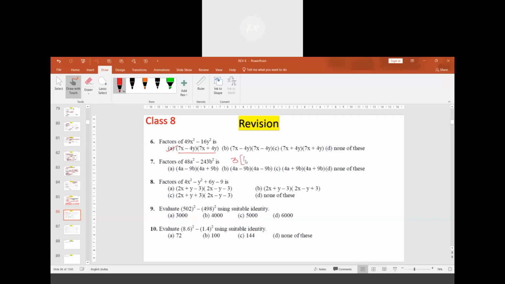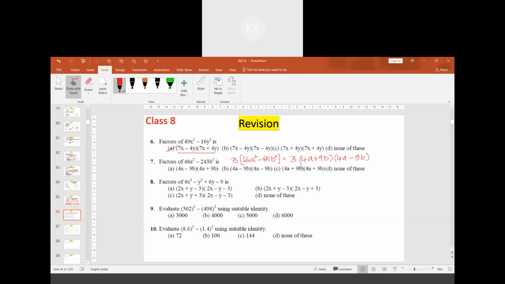We get 16a square minus 81b square. This can be written as 4a whole square minus 9b whole square, which is 4a plus 9b into 4a minus 9b. A square minus b square, x square minus y square is x plus y into x minus y.